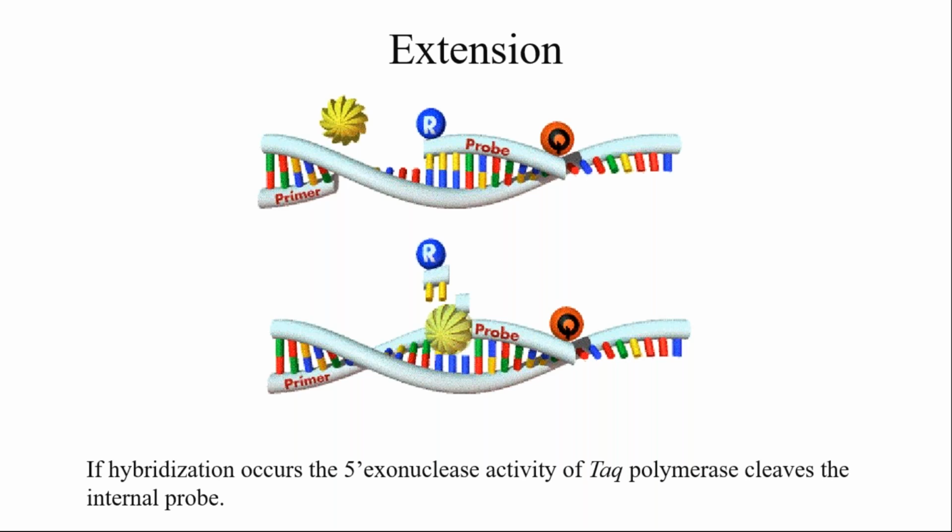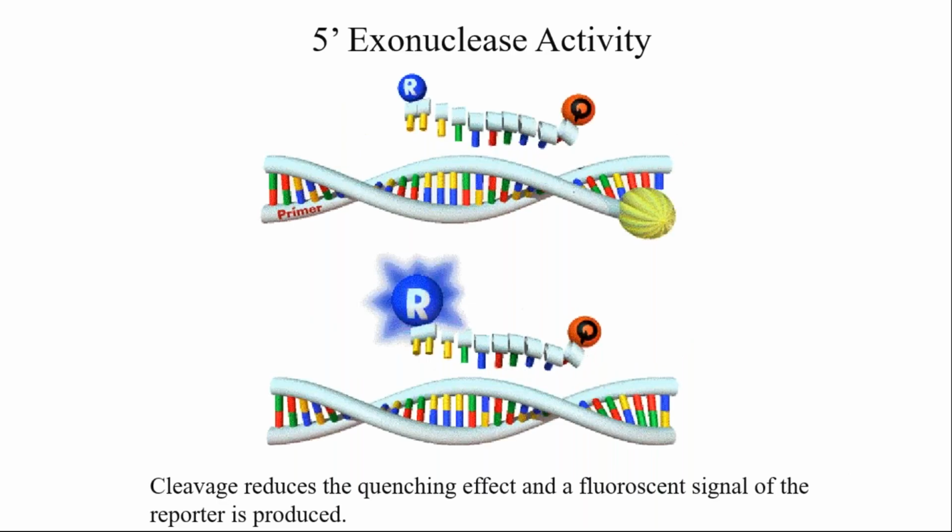The emitted fluorescence will be measured in the instrument. So the 5' exonuclease activity has cleaved the quencher from the reporter, and now fluorescence is emitted, and that signal can be measured.